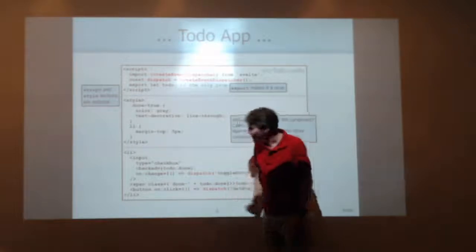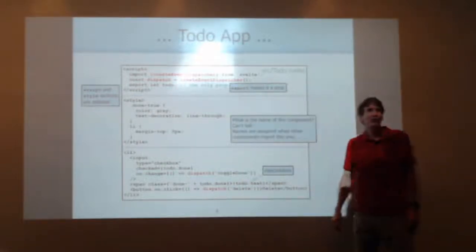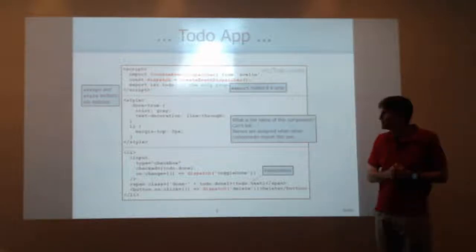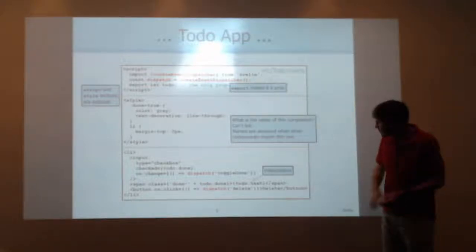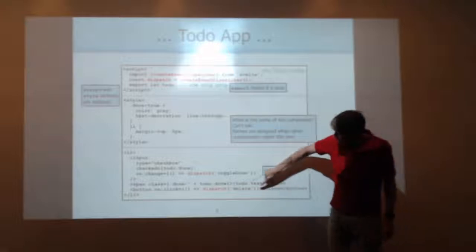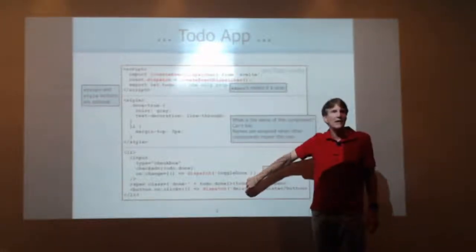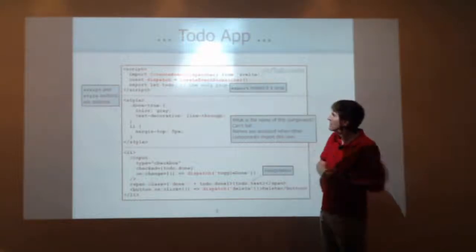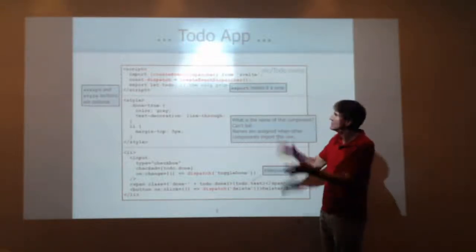So I'm outputting a bunch of list items. Hopefully the to-do list is putting this in an unordered list, and I'll get a bunch of list items inside it. Then I've got the button to delete the to-do. And again, I'm just dispatching an event. This component doesn't know what to do. It's going to let its parent component take care of that. So you see, this is very simple.